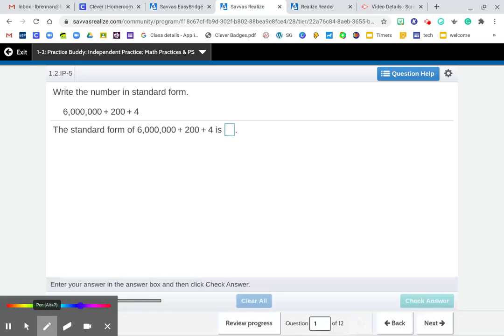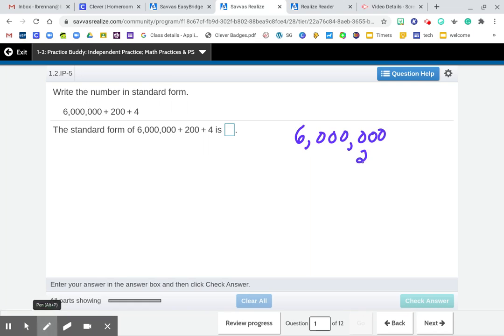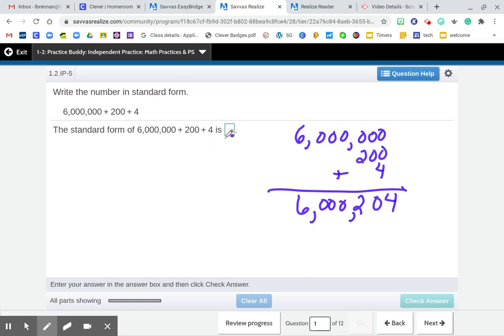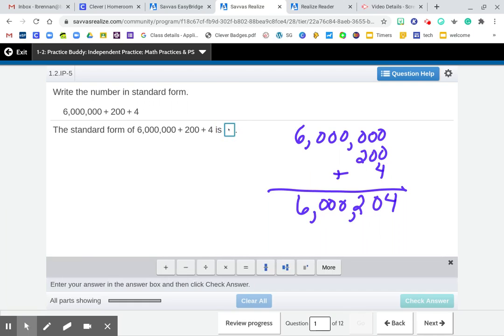If I need to, in my notebook, I can actually stack it, and so I can collapse it, and that might help some of you to keep track of things. Make sure you bring down the comma. So now I'm going to go back in and type it in. I'm going to type 6.